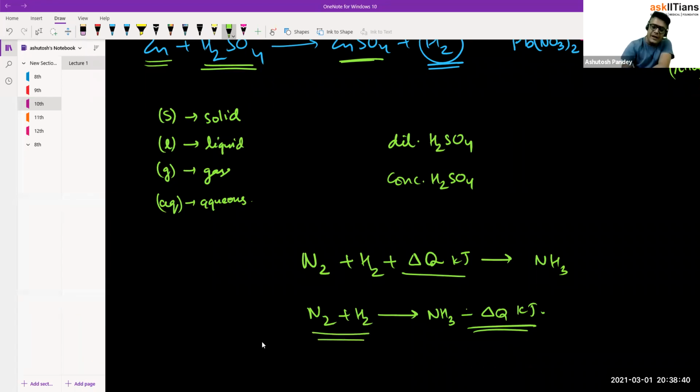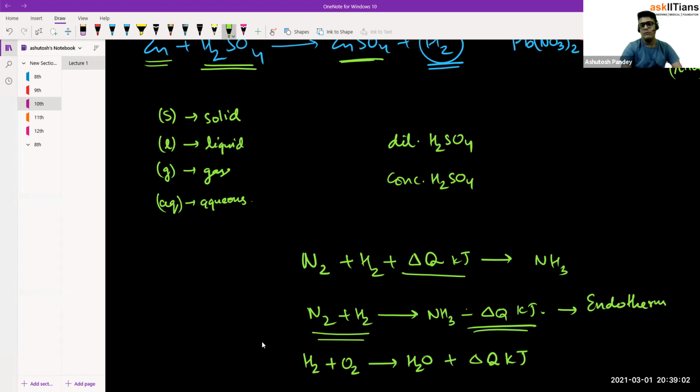And then another reaction, H2 plus O2 to form H2O, is a very explosive reaction, so a very high amount of heat will evolve. The first is called an endothermic reaction, as we will learn later: endo means in, so we are adding the heat. The second will be called an exothermic reaction.